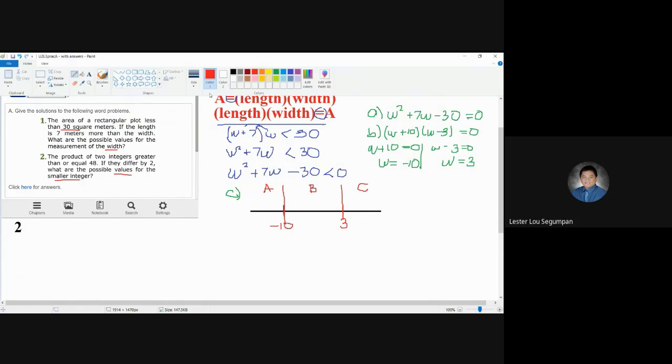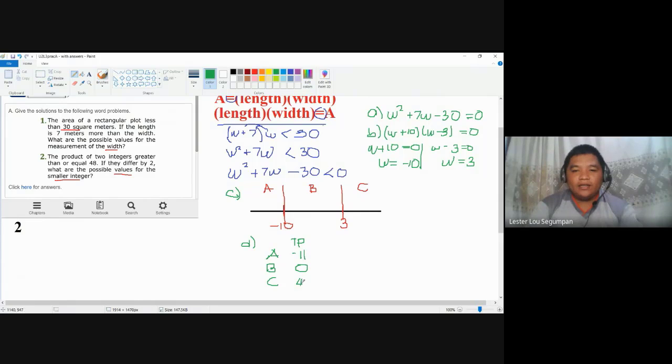Step D is to test the regions by choosing test points. So you have A, B, and C. So you could pick any test point you want. So let's use here negative 11. Here, again, very convenient. The most convenient value for this area is 0. And here you could just simply use 4 or any value.